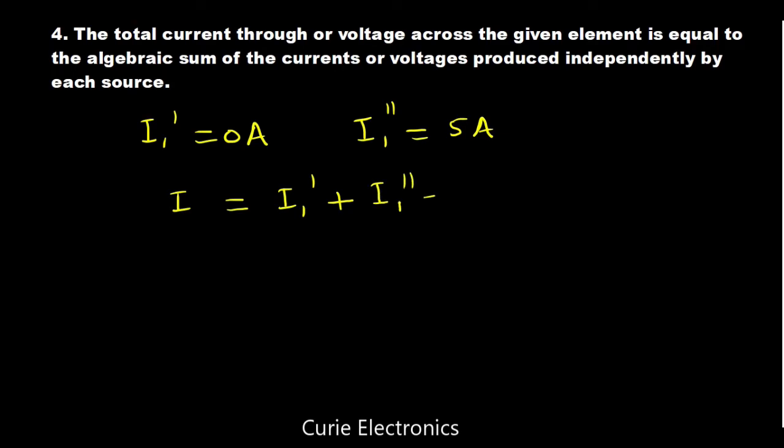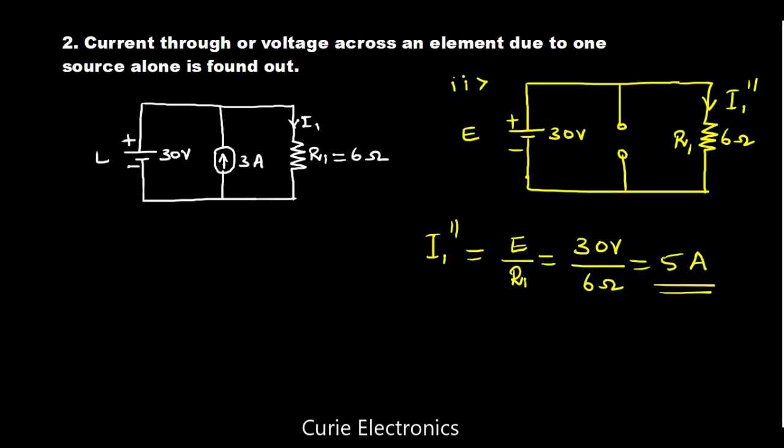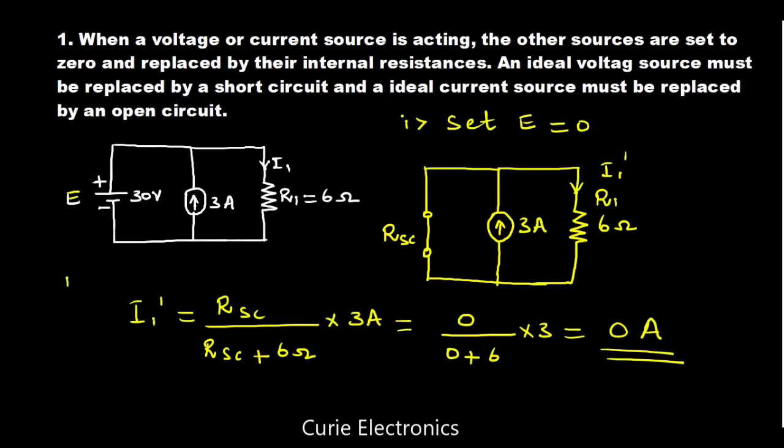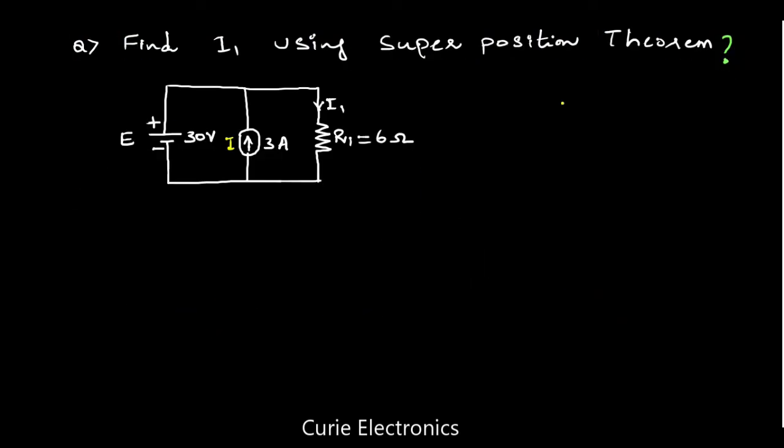So that comes to 0 plus 5, we will get 5 amps. So the second problem also, it was a simple problem. To understand the concept, we had to solve it. So here also we found the I1 equal to 5 amps.